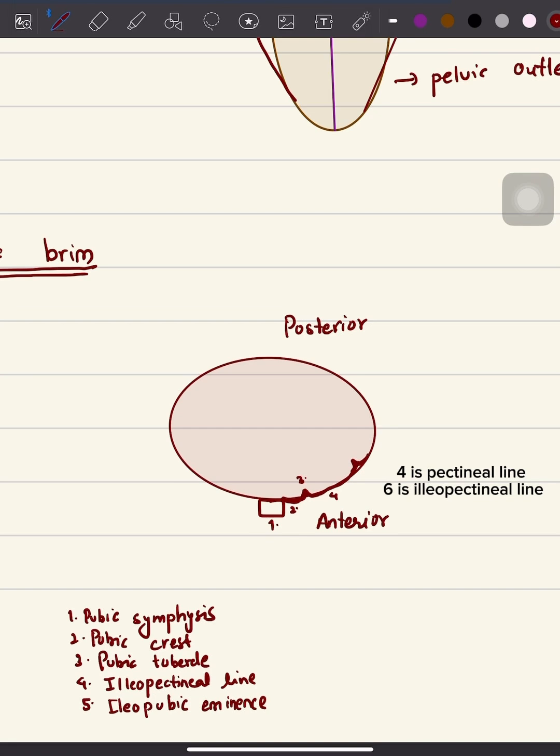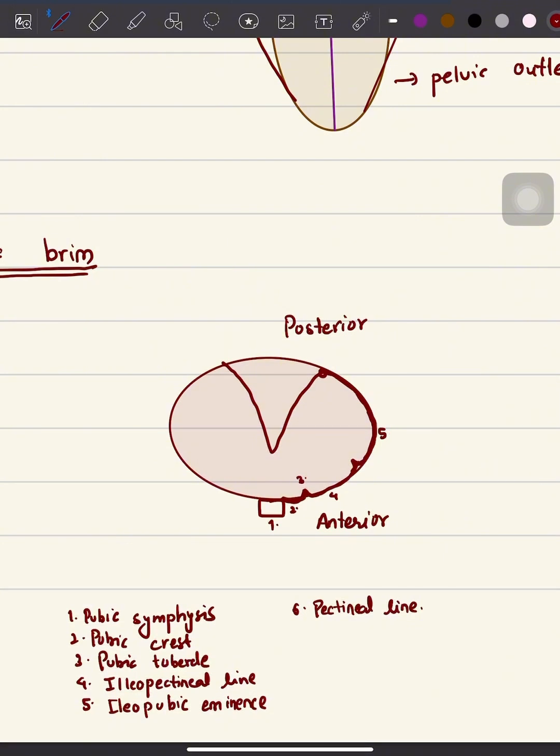And as we go along, this is the pectineal line, and this pectineal line would be continuing and would end up in the sacroiliac joint. I made a mistake over here.